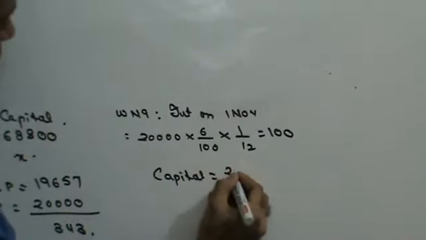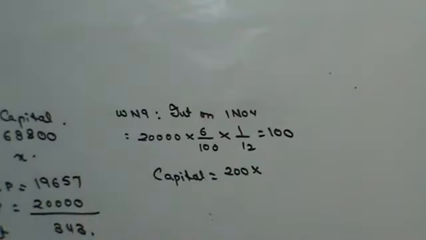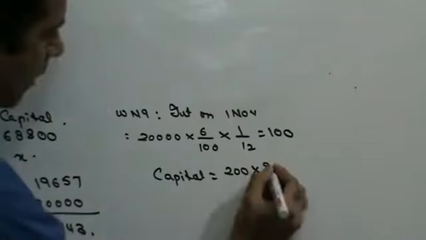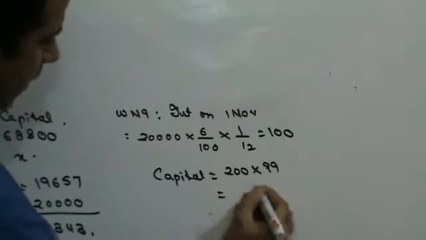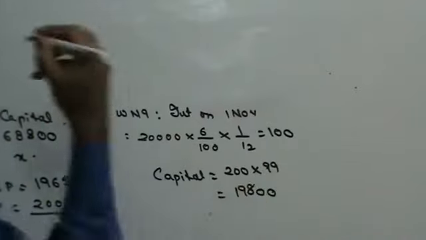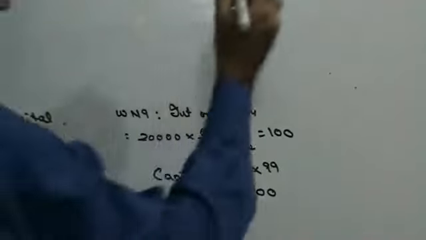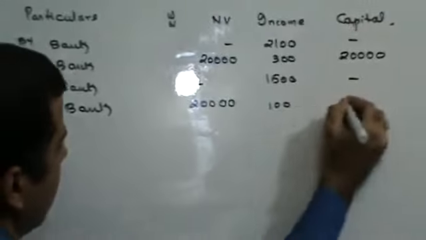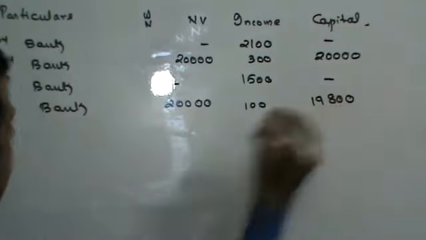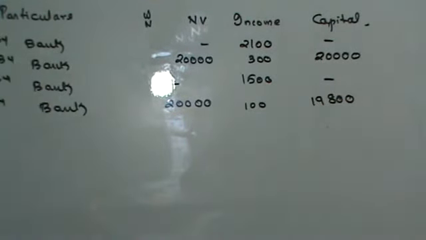I have sold 200 units at a price of 99 ex interest. 99. Someone please help me calculate this. 19,800. Since it is ex interest, I don't need to deduct the interest. Income is 100. This is 19,800.